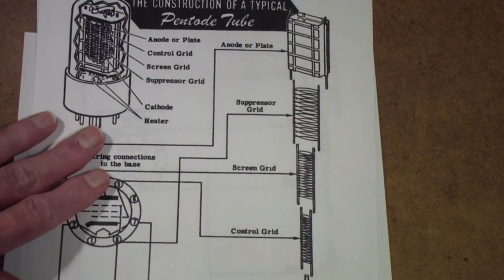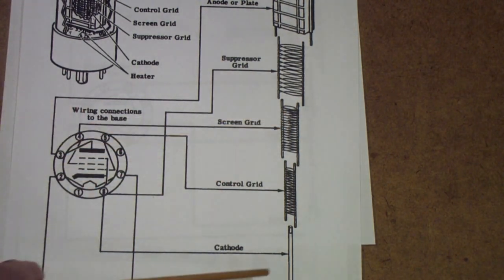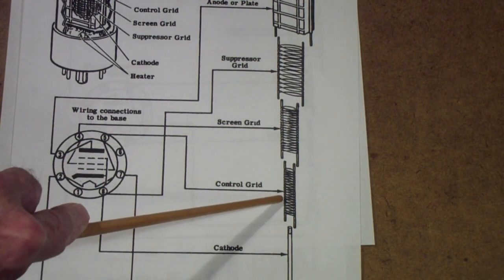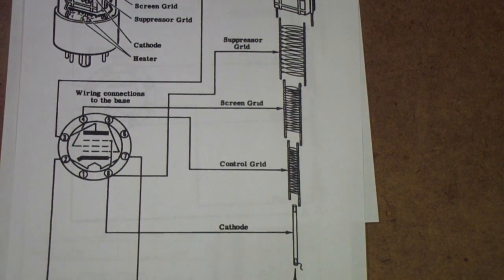Then the control grid inside the screen grid, then the cathode inside the control grid, and finally the heater at the bottom to heat up the cathode. So that's the basic construction of a pentode. Most of the tubes we're going to talk about will either be pentodes or triodes.